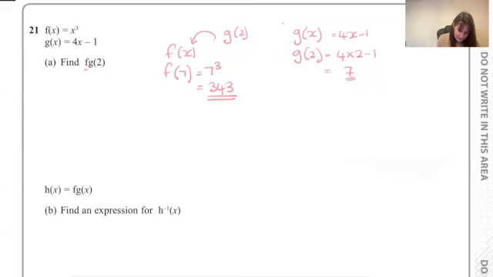So we're being told that the function of h is this composite function, f g of x. So again, I've got my f first, and being dropped into it is g of x. Well, we know that g of x is equal to 4x minus 1. So that is what we are dropping in.